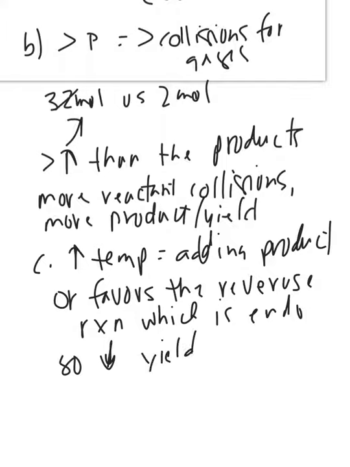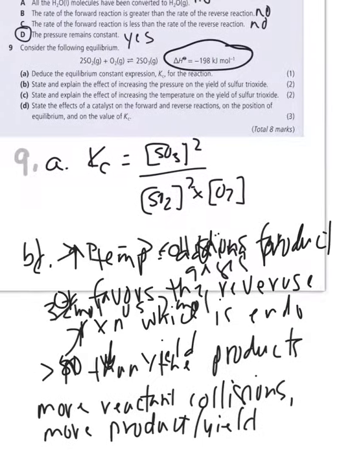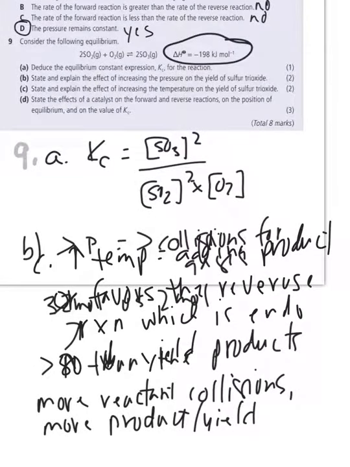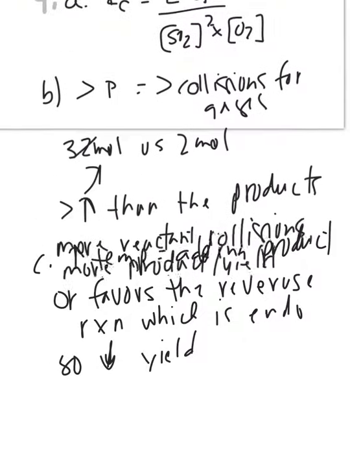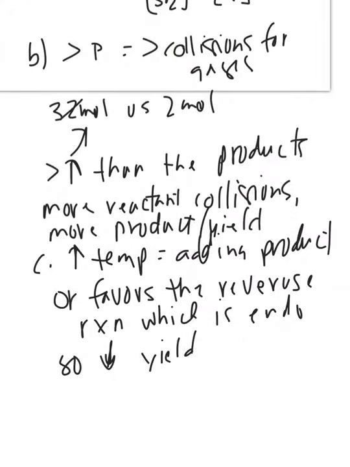And then part C wants to know about adding a catalyst. And it not only wants to know, it says state the effects of a catalyst on the forward and reverse reactions, the position of equilibrium, and the value of Kc. So the effect of a catalyst on the forward and reverse reaction is the same.